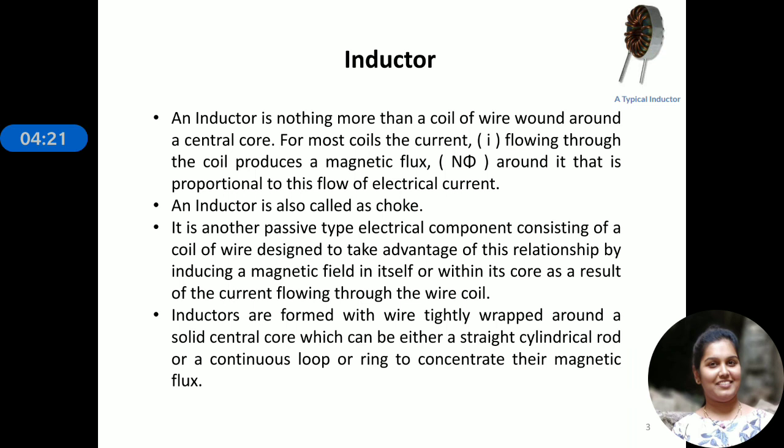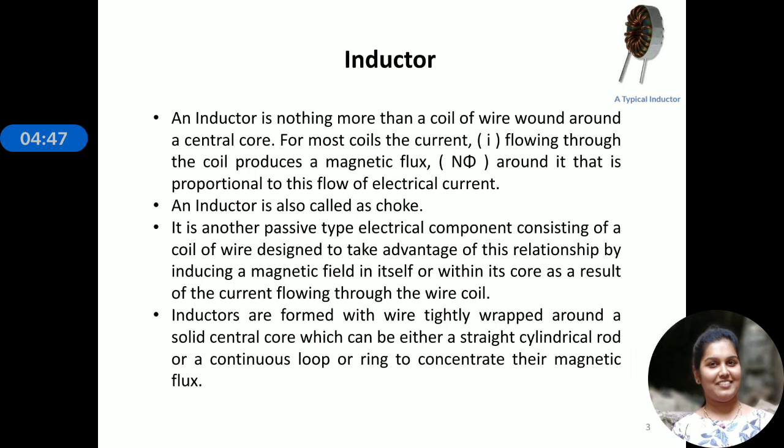So the amount of flux that is produced in the coil is directly proportional to the current that is flowing in the coil. Okay, so it is very simple that when current is flowing, magnetic flux will be developed around the coil, and that will be proportional to the amount of current that is flowing, right?